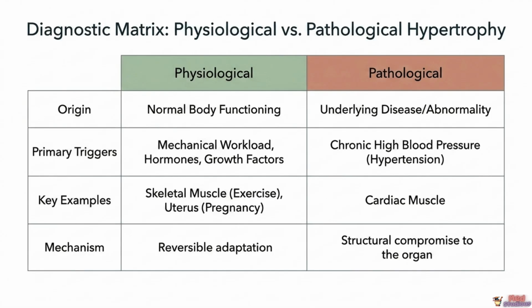Pathological hypertrophy, while initially compensatory, leads to progressive structural compromise of the organ and eventually to functional failure if the underlying disease is not treated. Drill this matrix into your memory. In an OSCE, in a written exam, or in a clinical discussion, being able to rapidly compare physiological and pathological hypertrophy across these 4 dimensions will demonstrate the depth of understanding that separates an excellent student from an average one.